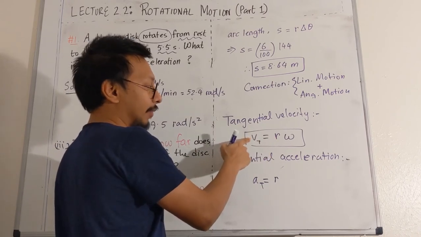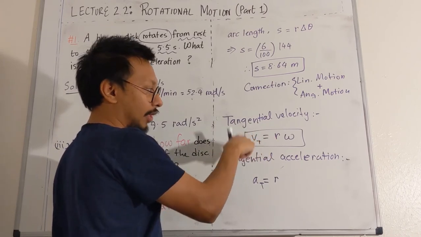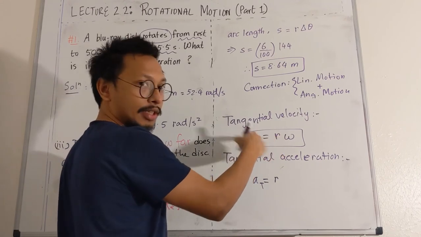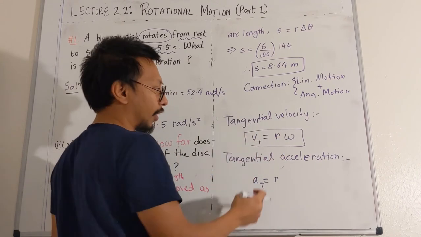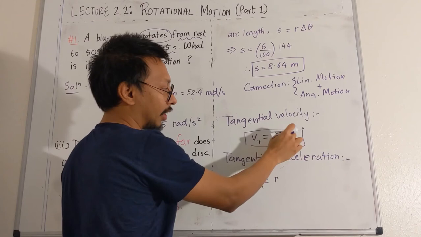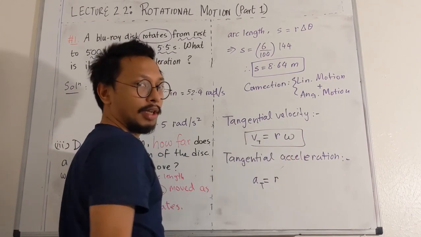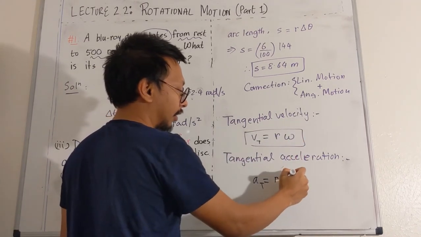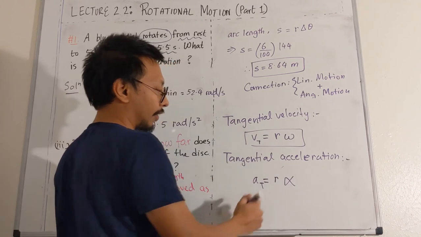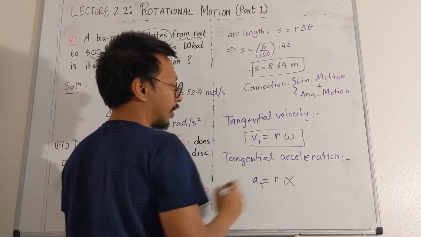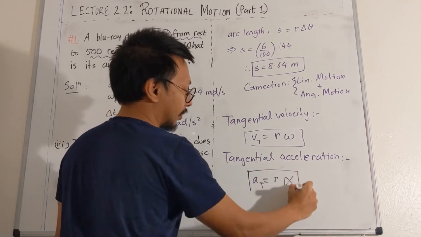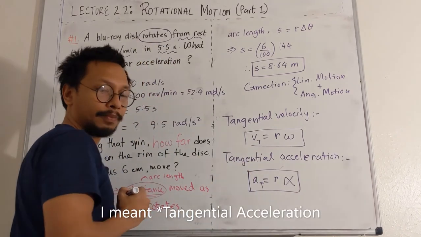So if you change VT, delta V over time, the radius is fixed; it's a constant for any circle. Then delta omega divided by delta T is nothing but alpha, the angular acceleration. So we have the relation AT equals R alpha.